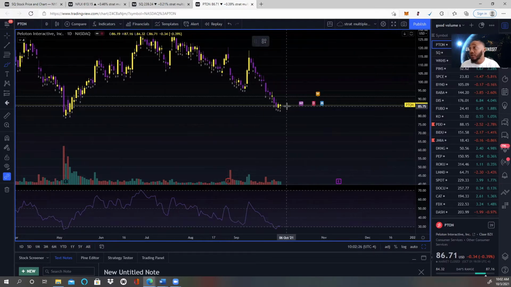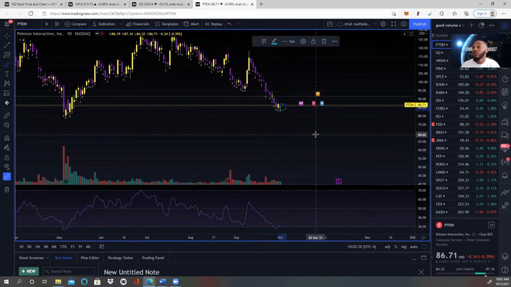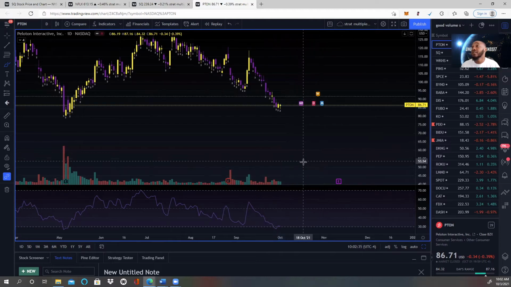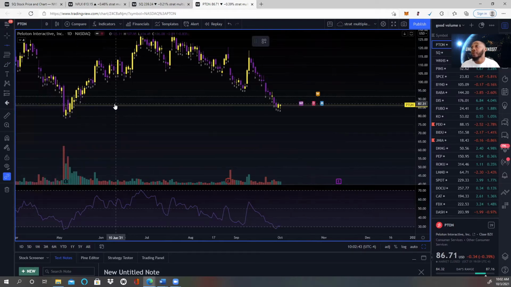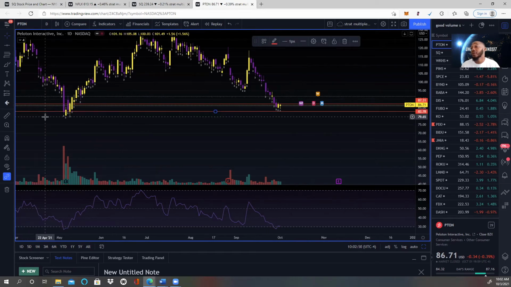At this point, you have been given a reversal signal, but you still must wait to see if the stock is going to go up. If we're going to use support and resistance, resistance is right here at the top, and we have support here at the bottom, because this thing can also go down a little bit more, since the RSI is sitting at 29.87 and is known to drop as far as 25.